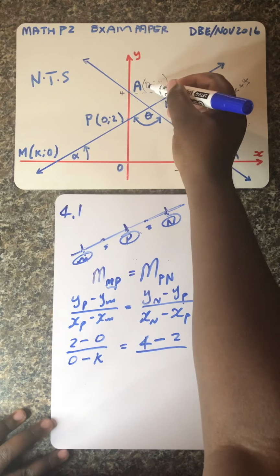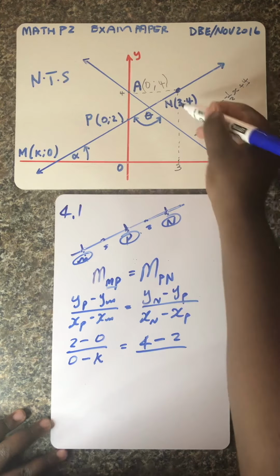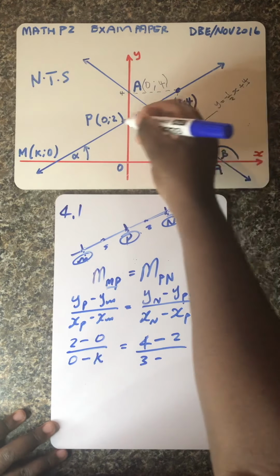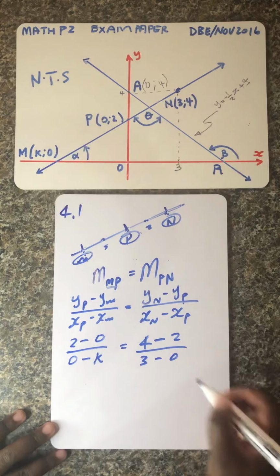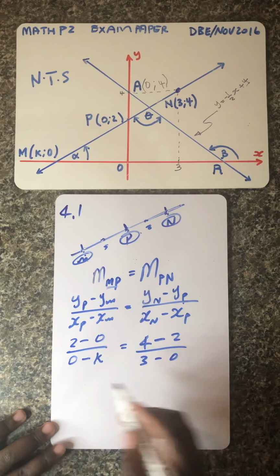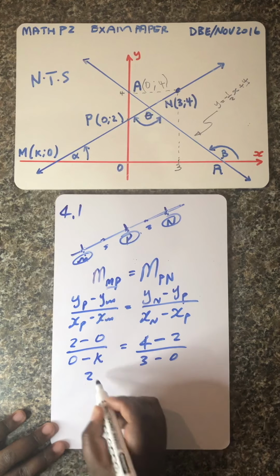What is the x of N? The x of N is equal to 3. What is the x of P? It's equal to 0. Okay, I hope you are able to see, guys. So 2 minus 0 is equal to 2.